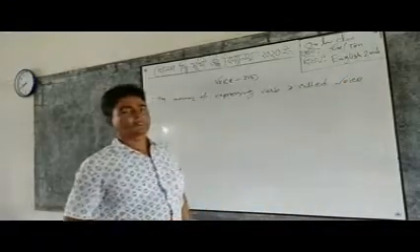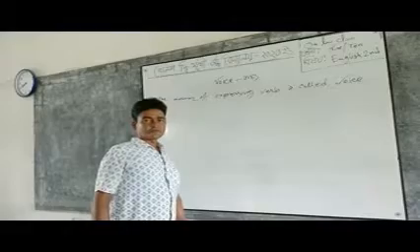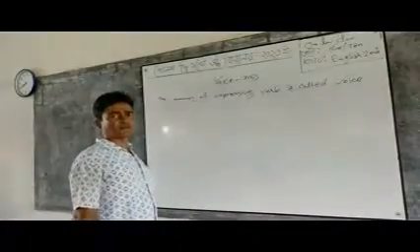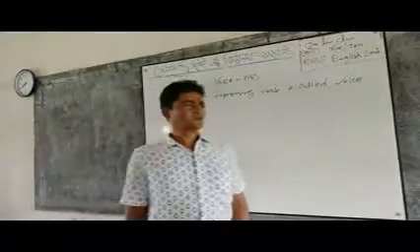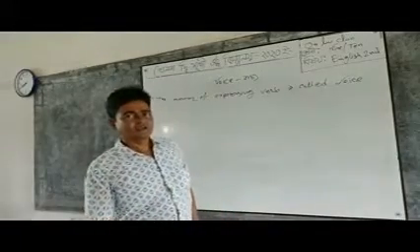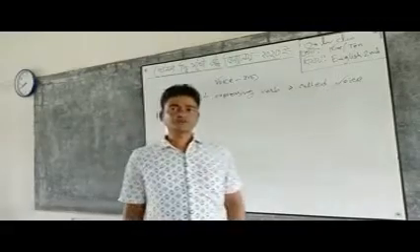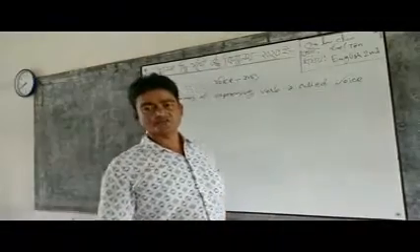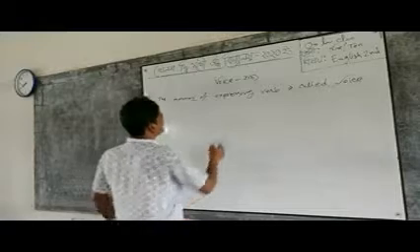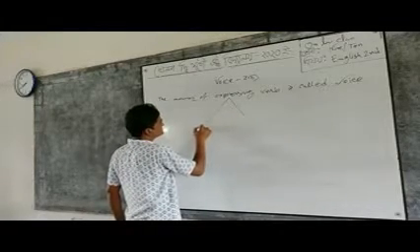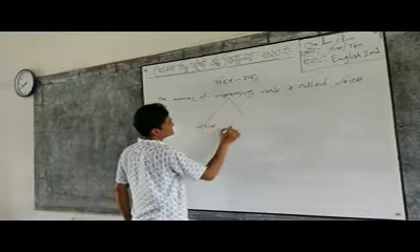That means ক্রিয়া প্রকাশের ভঙ্গিকেই ভয়েস বলে। How many kinds of voice? There are two kinds of voice. One is active and the other is passive. Active means কর্তৃবাচ্য and passive means কর্মবাচ্য.